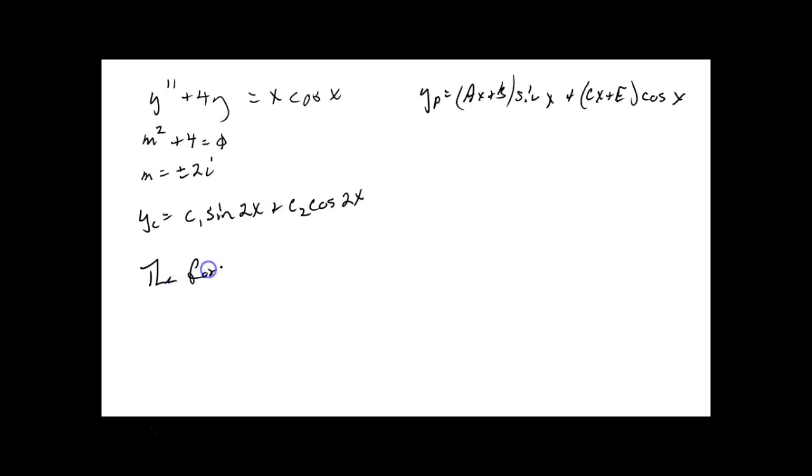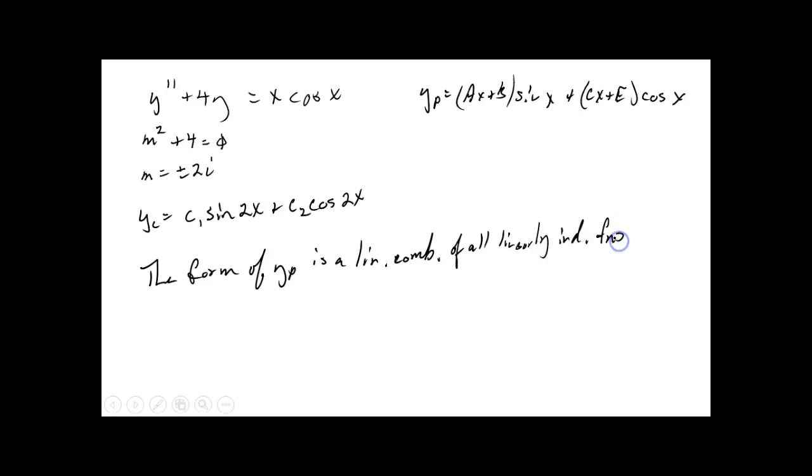The form of y sub p is a linear combination of all linearly independent functions, I'm abbreviating like crazy, that are generated by the repeated differentiations of g of x.